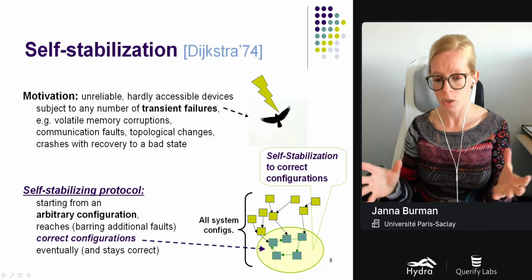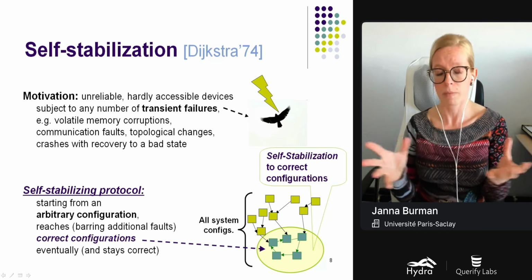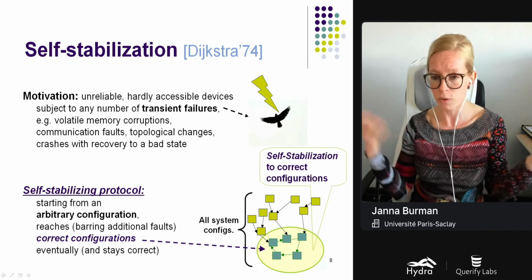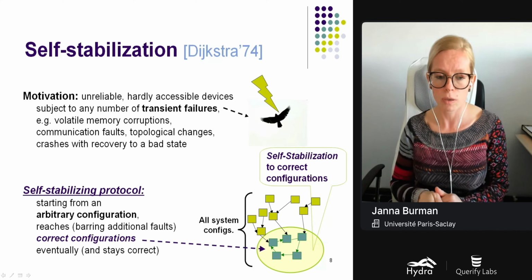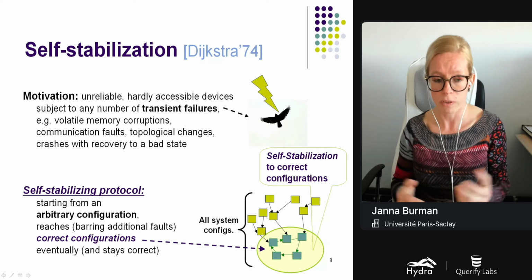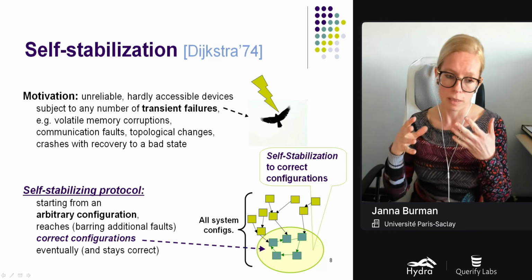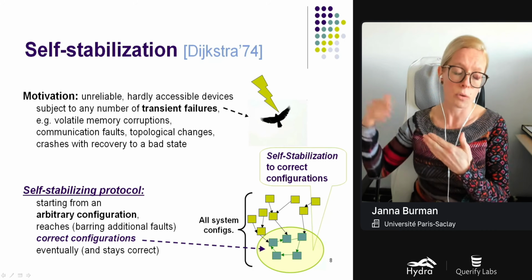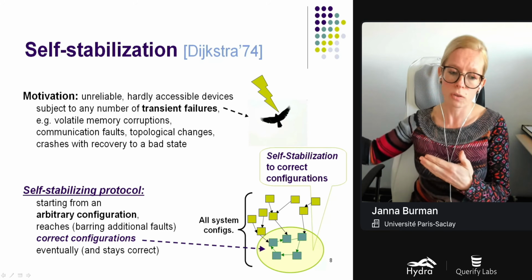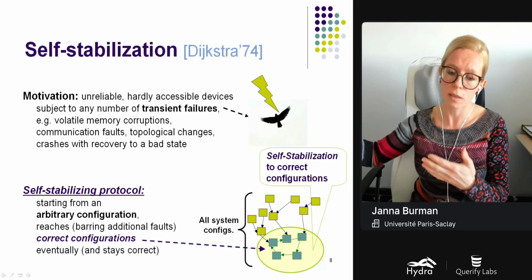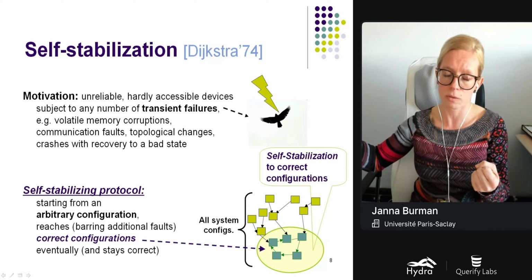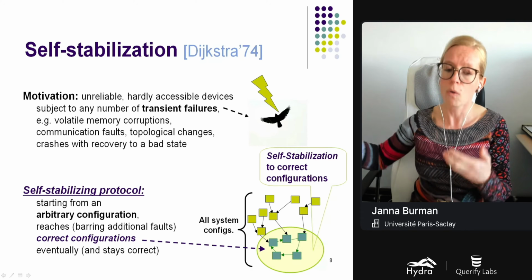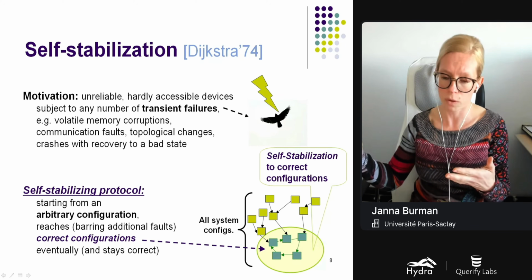We imagine that our system can be brought to some arbitrary configuration with values over which we have no control, and a self-stabilizing protocol has to recover a correct behavior, reach correct configurations eventually after this arbitrary configuration, and stay correct thereafter, barring additional faults.